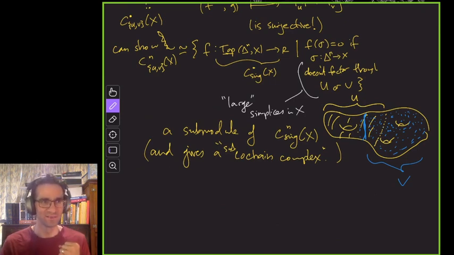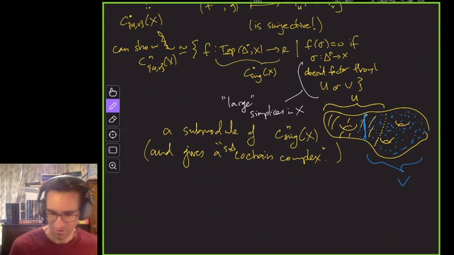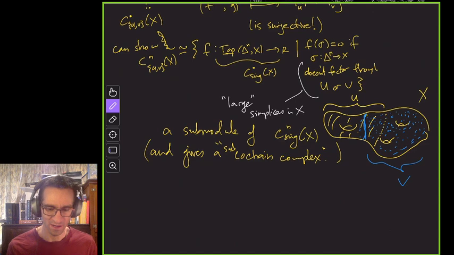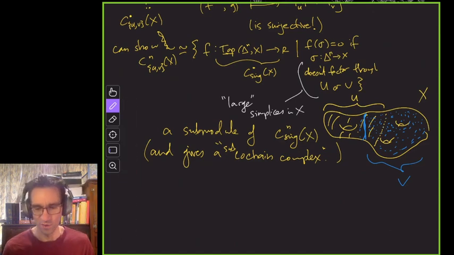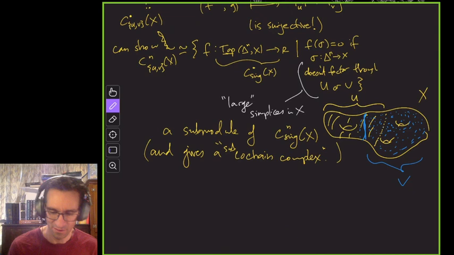Just wanting some contrast, even if visually, not color. So U union V is all of X here. The whole thing is X. A large simplex is one that doesn't fit neatly inside U or inside V. It has to somehow spill outside U and outside V.